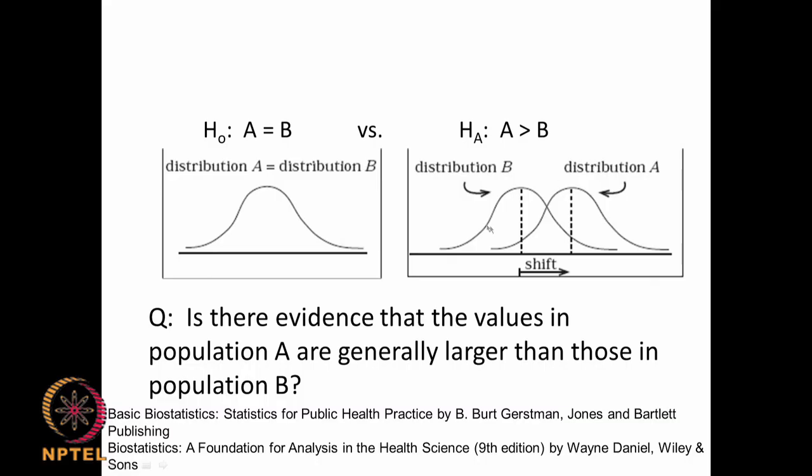If this is on this side, we can say, is there evidence that the values of A are generally less than that of population B? These are some good references which I am talking about here. It is worth looking at these reference books, which give you quite a lot of examples related to health sciences and biological sciences.